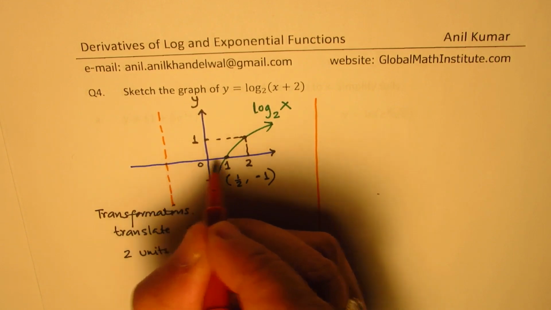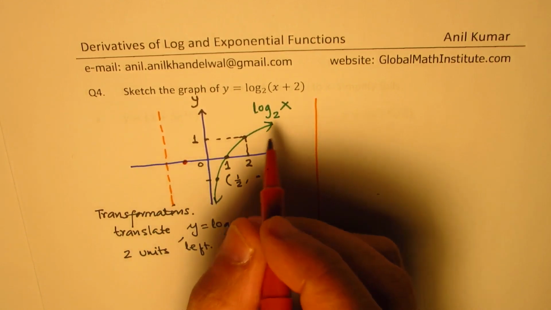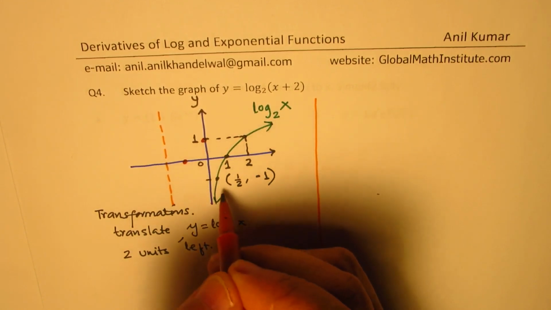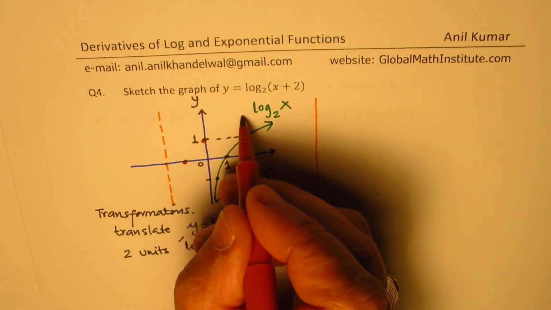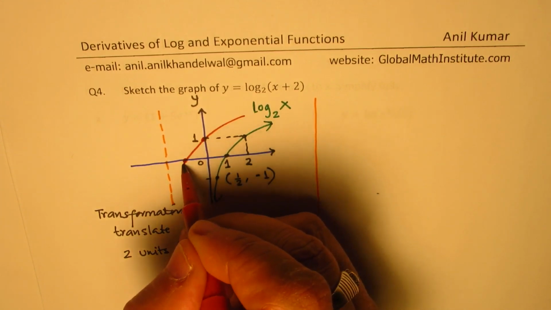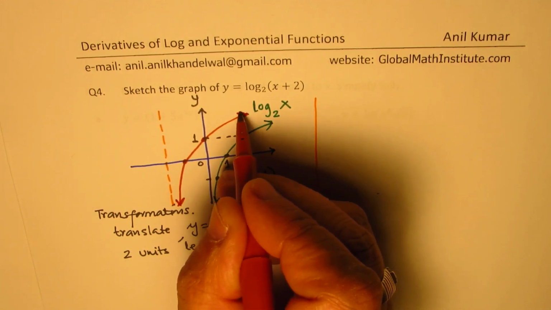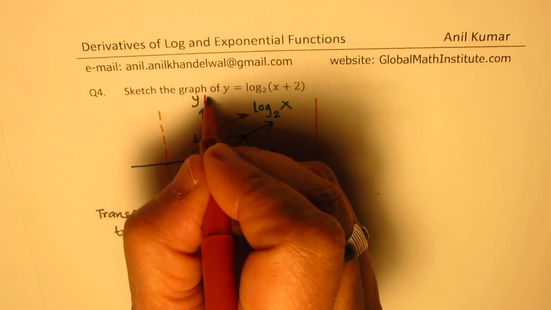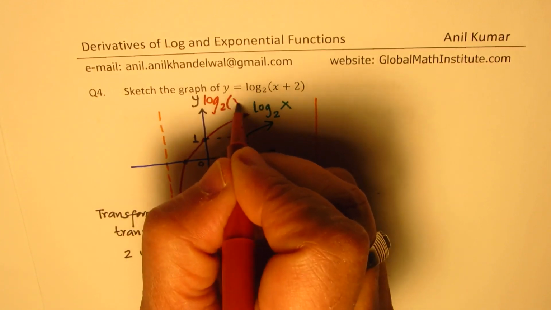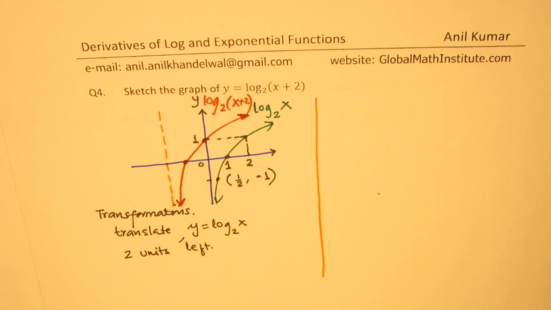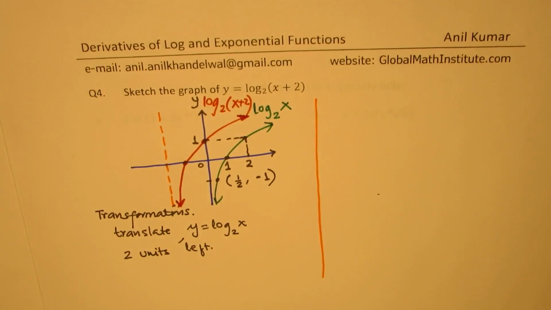So this 1 will come at minus 1. This 2 will come at 0, right? So this will be here. So we have a graph which is translated, and that is your log to the base 2 of (x plus 2). So we have sketched this graph using transformations, correct?